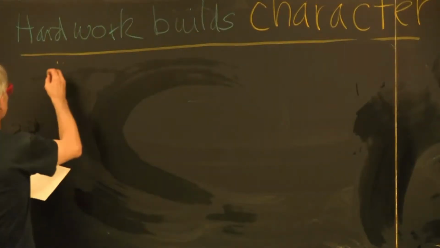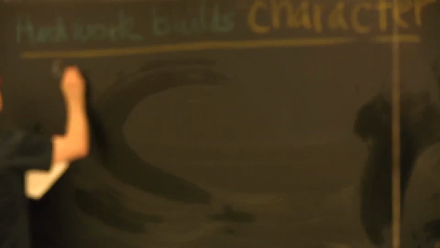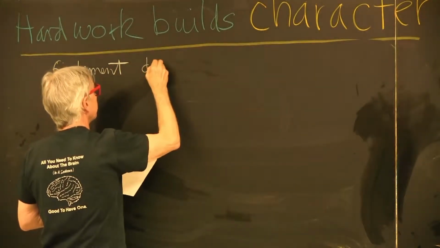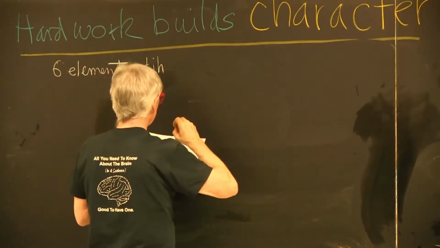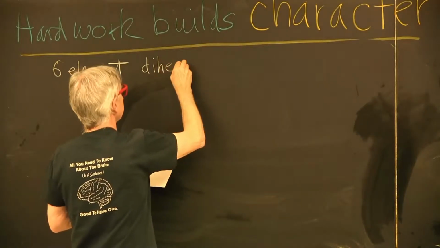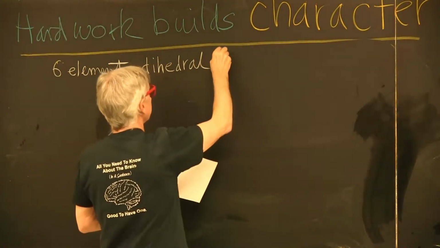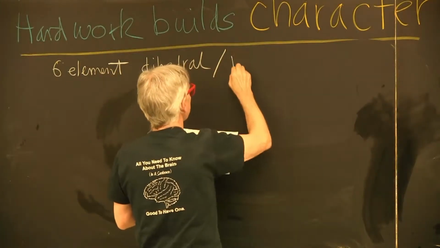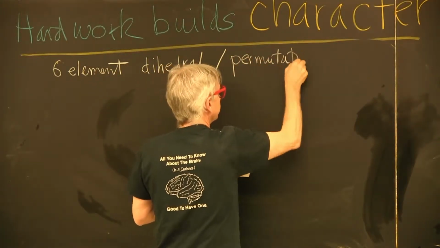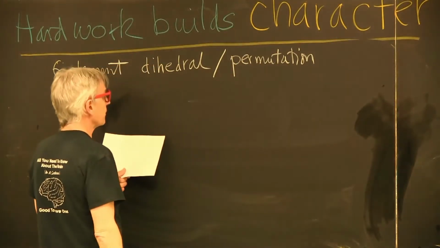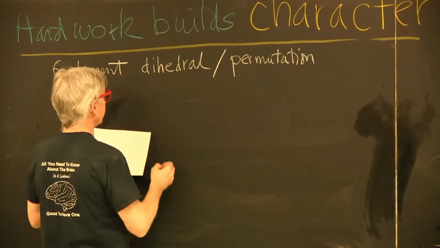So now we'll discuss a 6-element group that has, again, many names. In crystallography, it's called dihedral. Don't ask why. In combinatorics, it's called permutation. And in 19th century crystallography, it has 3 names.